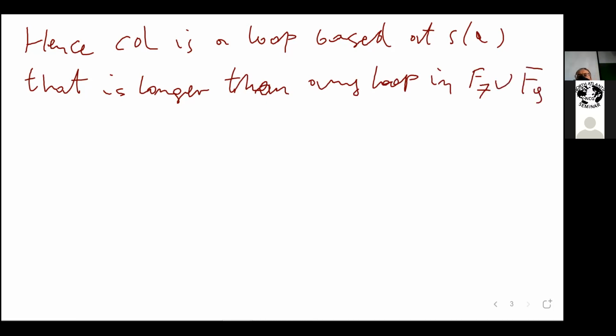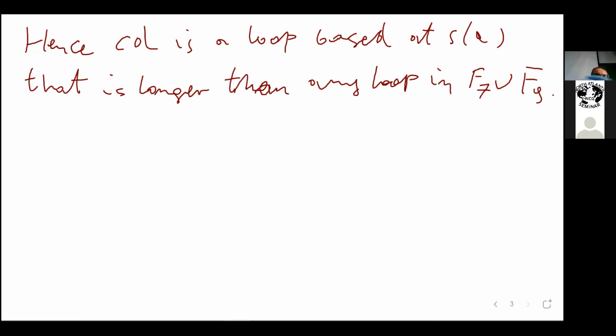Right, if I multiply a longest loop in F7 with the longest loop in F9, of course, I get something which is longer than any loop in F7 and any loop in F9, remembering that the length of a loop is at least 1, okay? But now, why is it a problem?